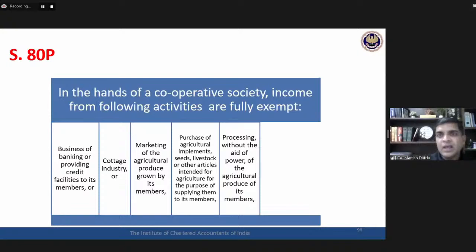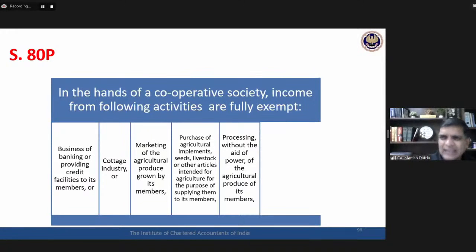Fifth. Now, processing without the aid of power of the agricultural produce of its members. Now, what are you doing? In third, you are marketing the agricultural produce. In fifth, you are processing. Members have produced agricultural items and you are now processing them. The cooperative society is processing, but this processing happens without the aid of power.